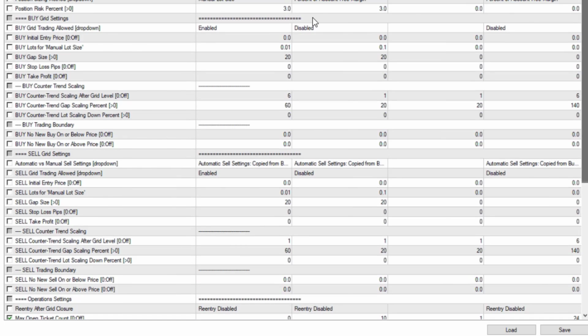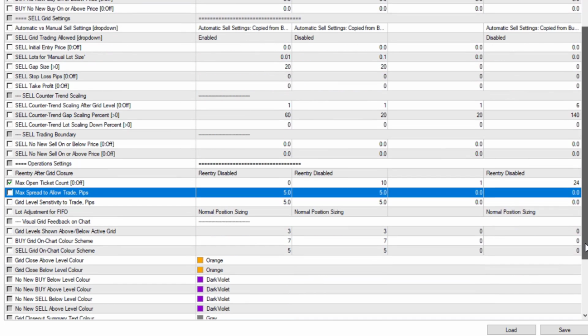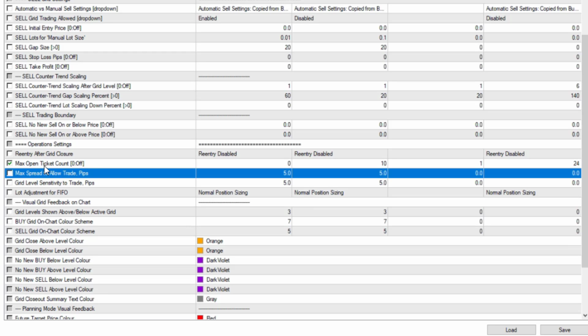So I'm going to untick the first one. So we've unticked that one, and we're now going to run the maximum open trades adjustment, and let's have a look at if that adds any value.